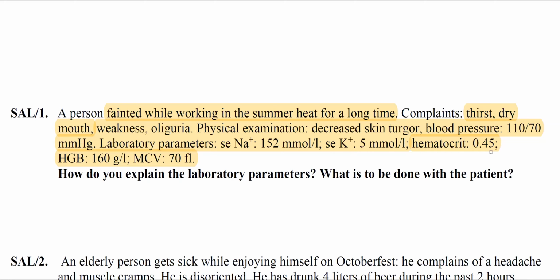So what are we going to do with this patient? That's an acute situation, because if you had a chronic hyponatremic hypovolemia, you cannot normalize immediately back to the osmotic milieu.